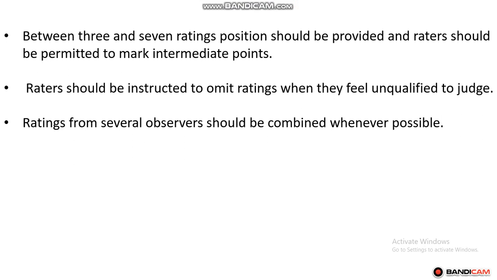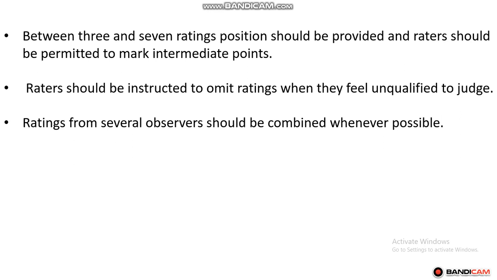Between 3 and 7 rating positions should be provided and raters should be permitted to mark the intermediate point. There are different types of scales, we'll see in the coming slide. Accordingly we have to give an introduction about how they can use these scales, and how the rating has to be given. All these instructions must be given prior to the introduction of this scale to the students.